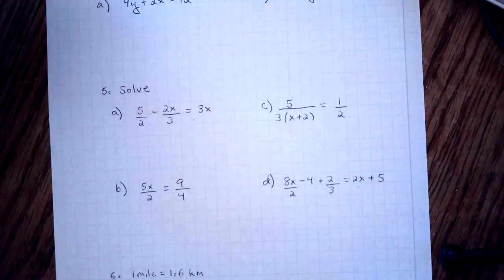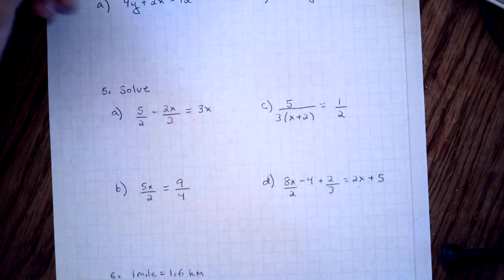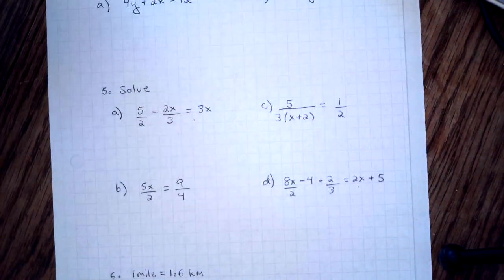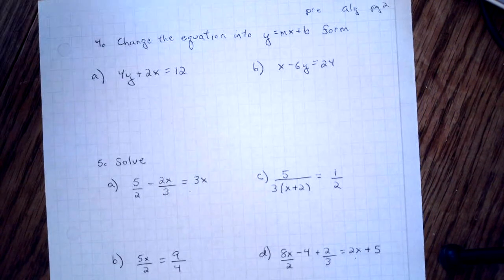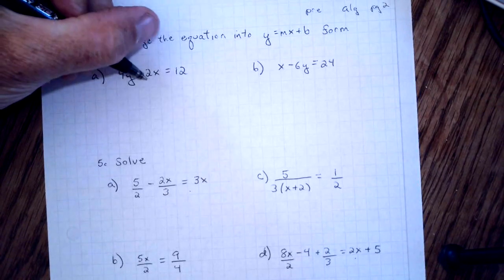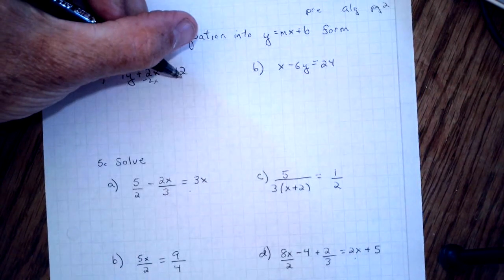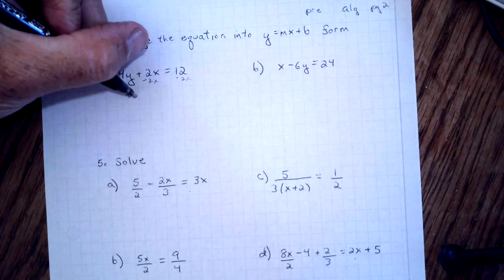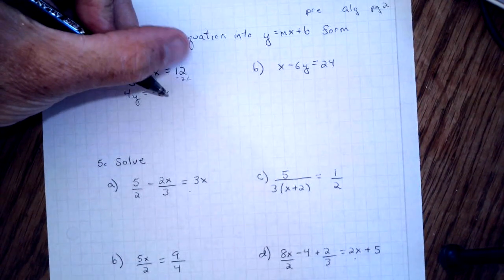This one is similar to the last one, and you're just changing the equation. Y equals mx plus b. And so here I'm going to subtract 2x from both sides. And I get 4y equals negative 2x plus 12.